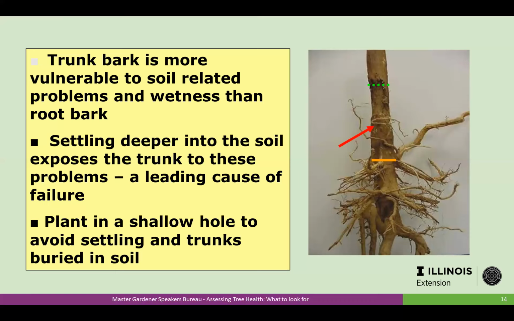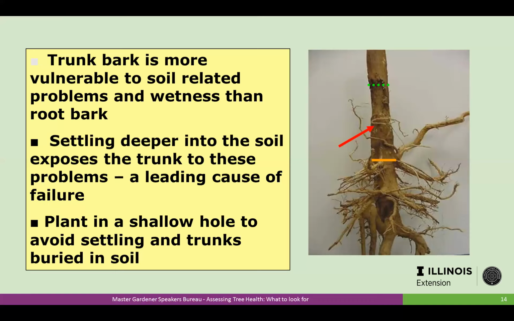So that having been said, the trunk's bark is more vulnerable to soil-related problems and wetness than root bark is. So I've said a lot there. We've got trunk bark and we've got root bark.